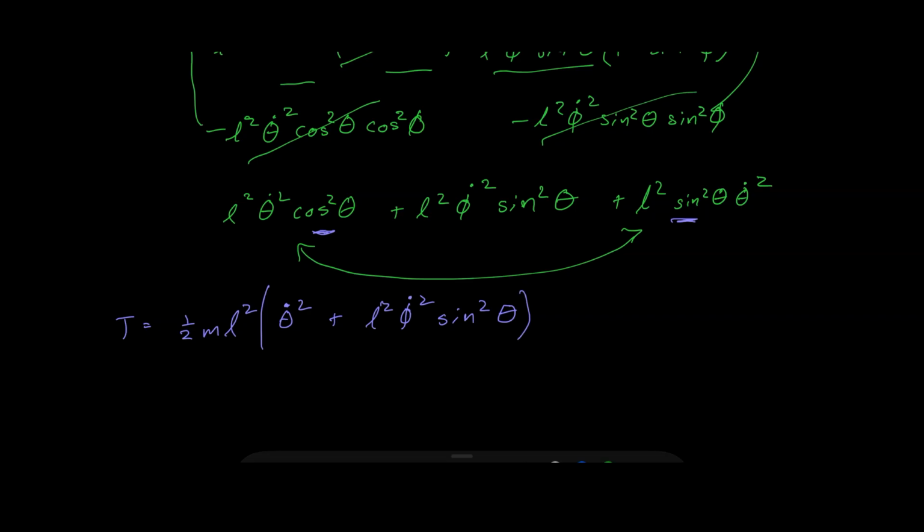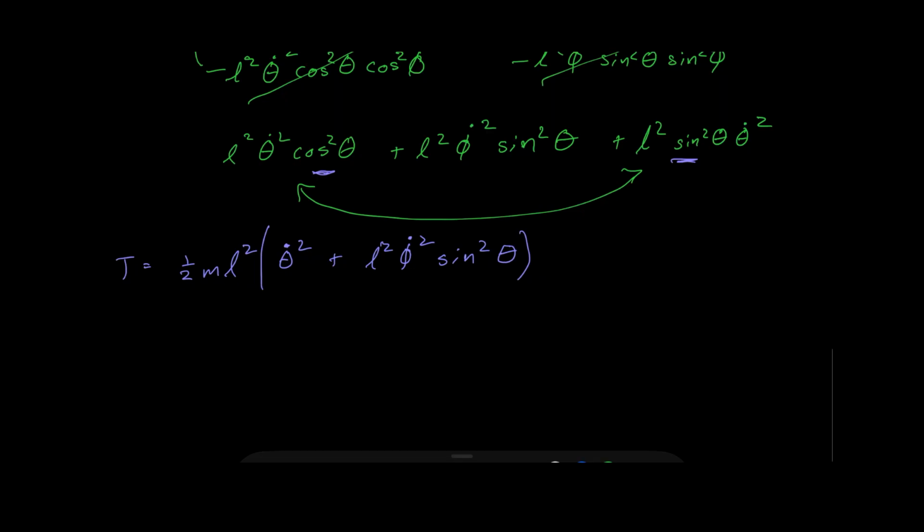And that is our kinetic energy. Whew, okay. And then remember our potential energy was mgL times 1 minus cosine theta. Great.